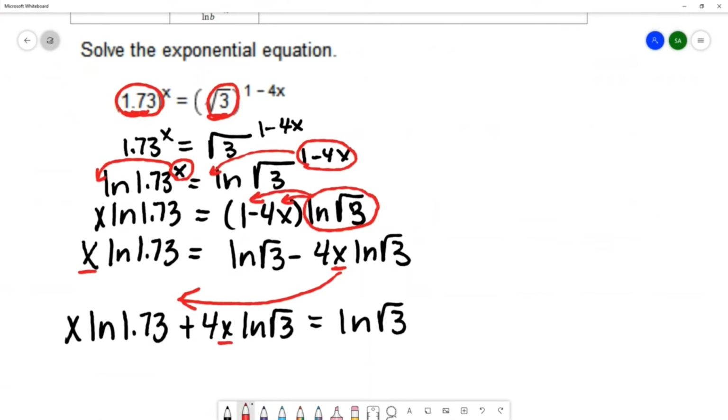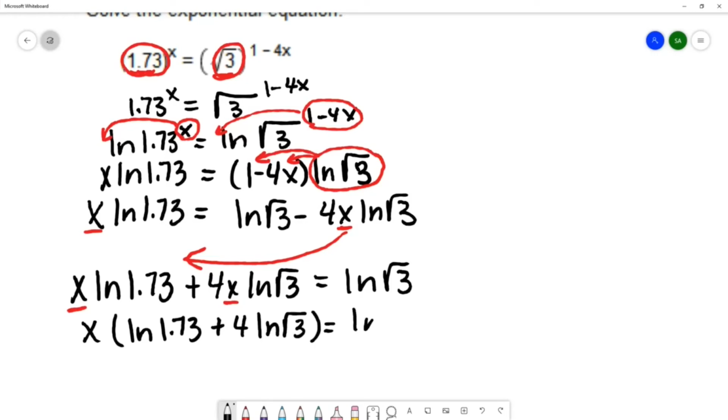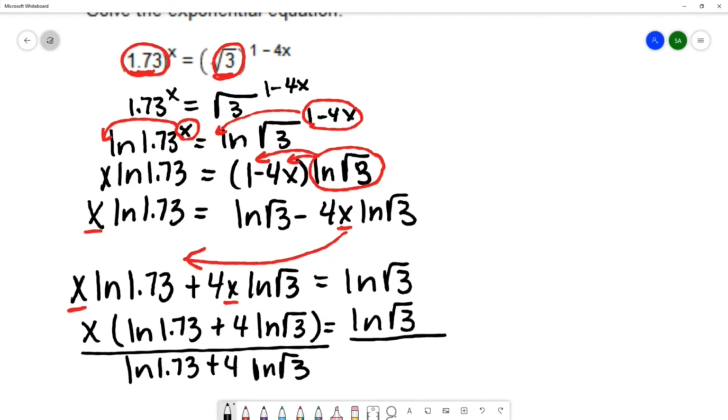Now that I have the x's on the same side, I can factor out the x. That's x times natural log of 1.73 plus 4 natural log square root 3 equals natural log square root 3. And now I'm able to isolate x by dividing both sides by natural log of 1.73 plus 4 natural log square root 3.